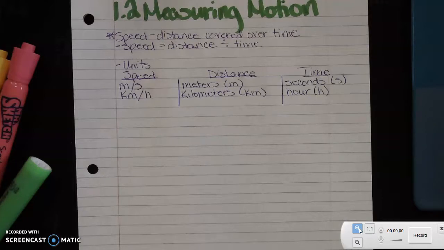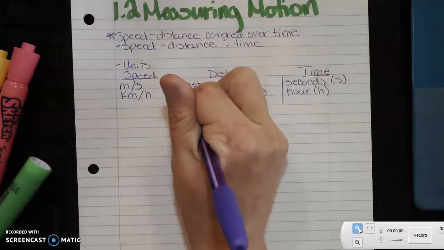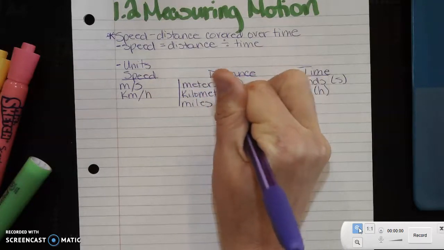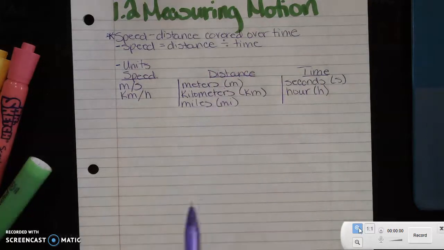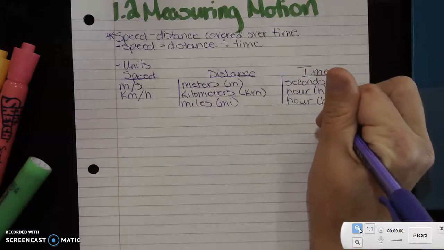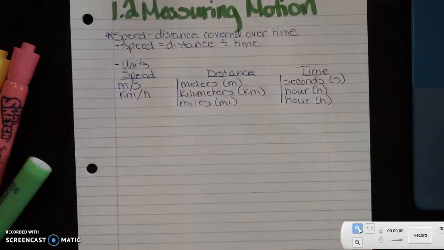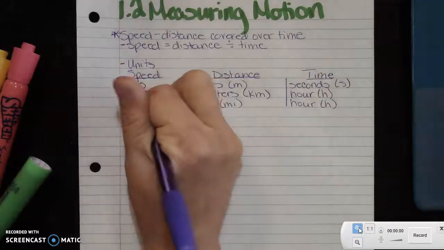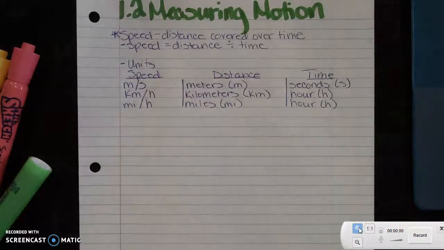And then if we use our traditional American unit, miles, which is mi, it can't be m, that's already taken. We typically talk about miles per hour. That's how we measure our speed. It would look like mi/h, miles per hour.